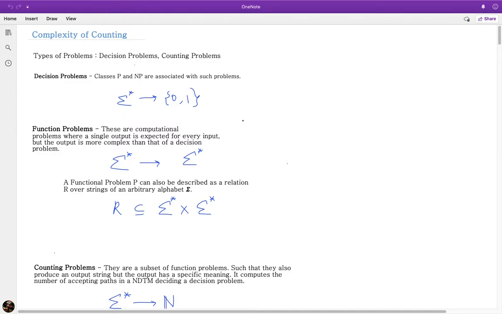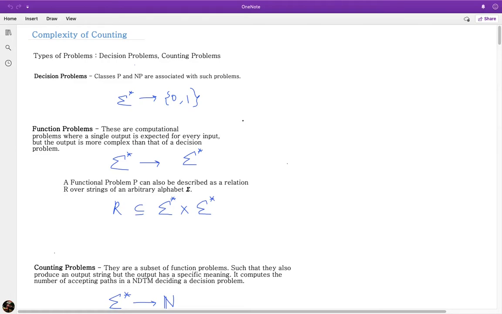So it is also a map from a string to another string. We can think of a Turing machine which accepts an input string and also gives an output string. Basically, we imagine a Turing machine which can also write an output. These types of problems are called function problems.